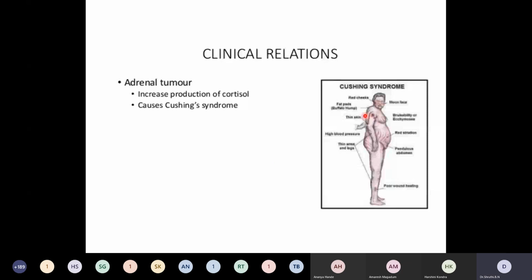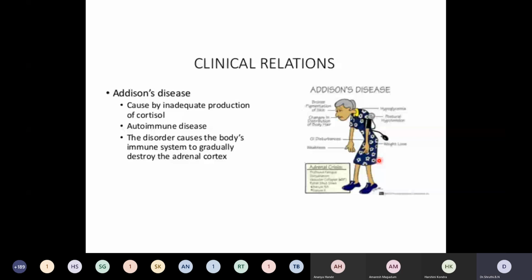The classical signs of Cushing syndrome are central obesity, moon face, buffalo hump, thin arms and pendulous abdomen. Addison's disease is due to inadequate production of cortisol. It's an autoimmune disease in which the body's immune system destroys the adrenal gland.